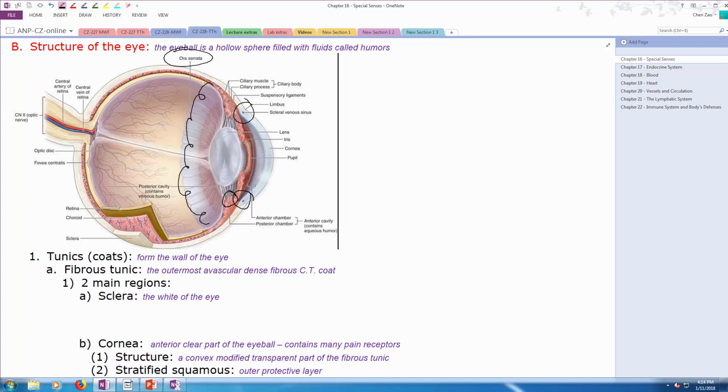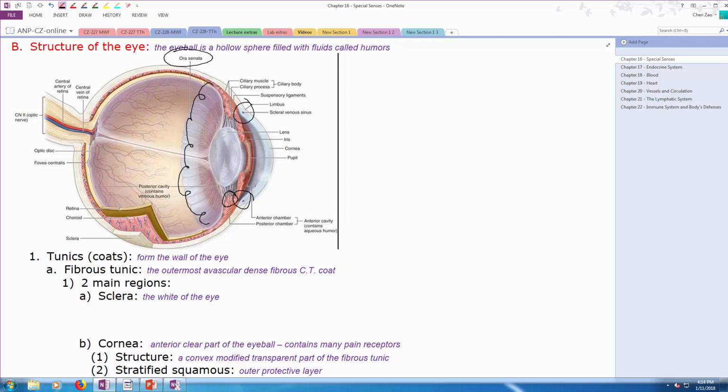Now, this is a sagittal section through the eye itself, and so you have to realize that this is a slice through something that is circumferential. So the scleral venous sinus is circumferential, so it goes all the way around the sclerocorneal junction, and it's an overflow area.